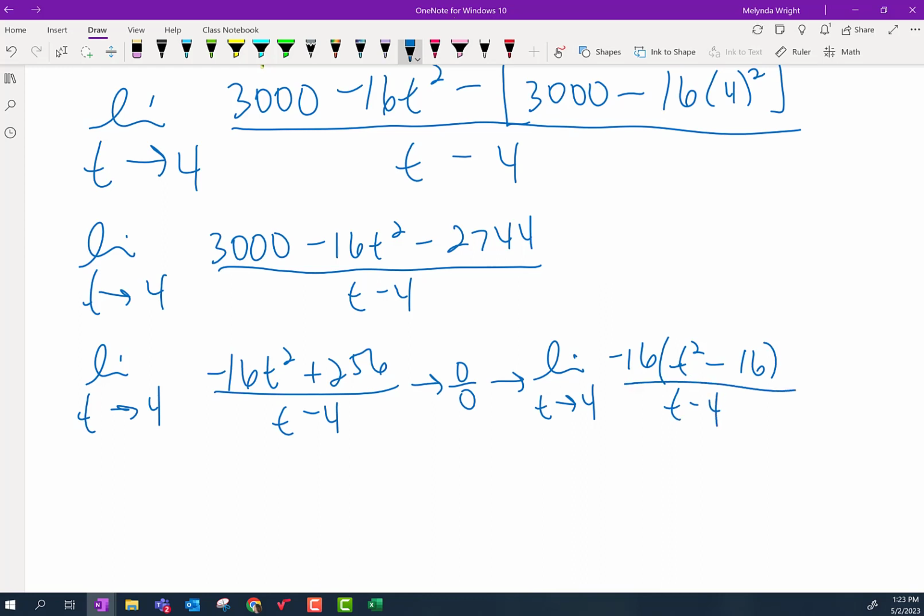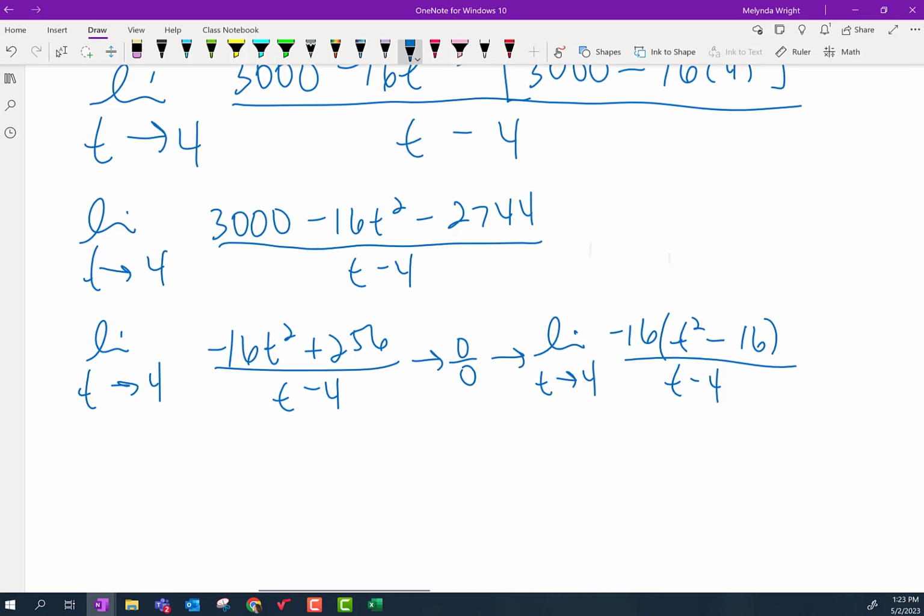Okay, can we see anything else we can do? Is there some more factoring we could do? Do y'all recognize that? Yes, the double bubbles, if you will. This is the difference of perfect squares.